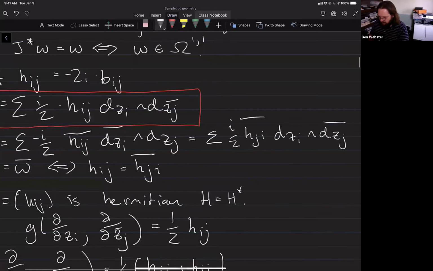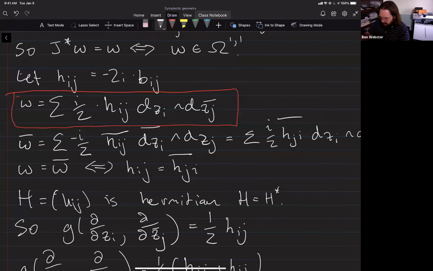All right. So I get out of this that, in order to have omega be a real form, I have to have that these h_ij's form a Hermitian matrix. So that's why I snuck that i in there.